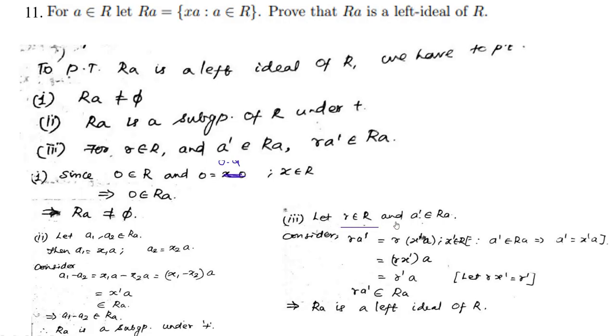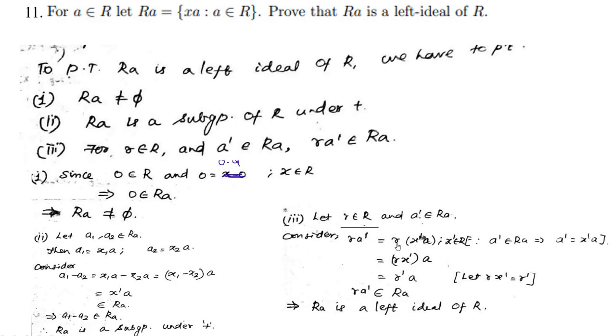Now we'll consider r in R, A prime in this. Now you consider rA prime. This r into A prime is in RA. So we shall have that as, say, some X prime A, or even XA we can have. So by associativity we have this.